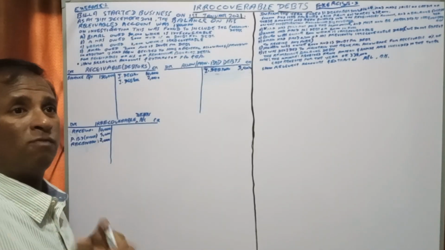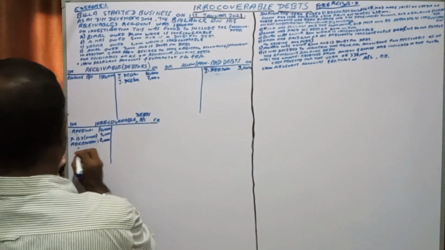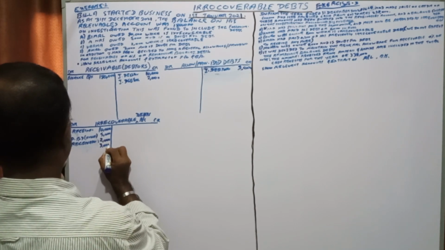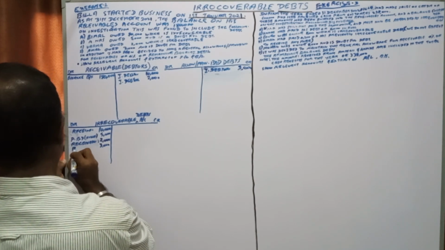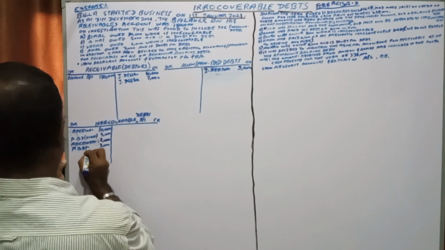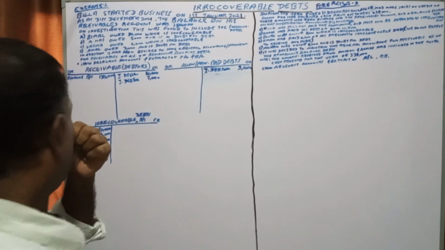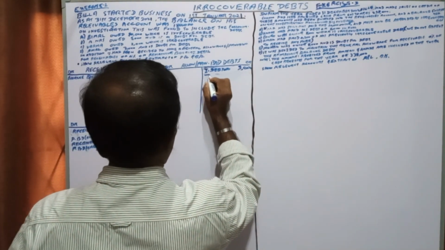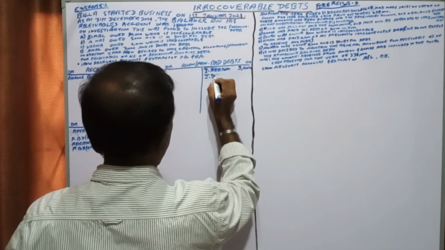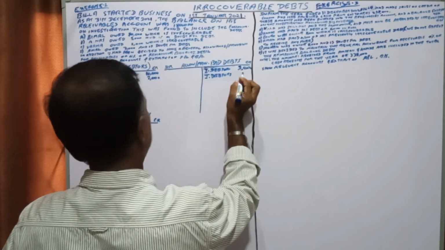So here irrecoverable account debit 3,000, provision for bad debts Amal, and here receivable debtors is 3,000.